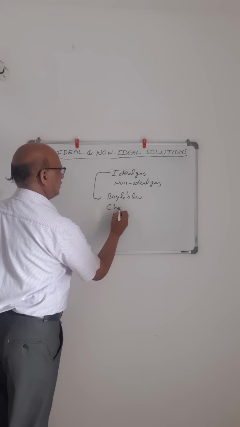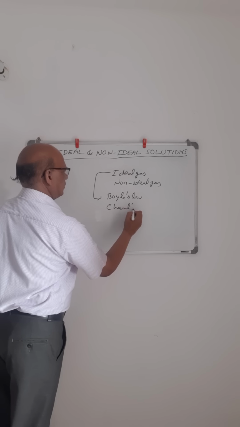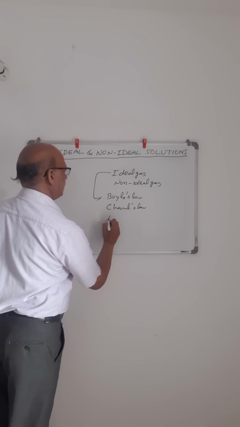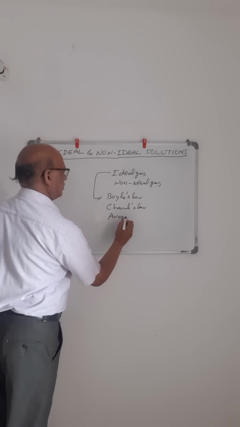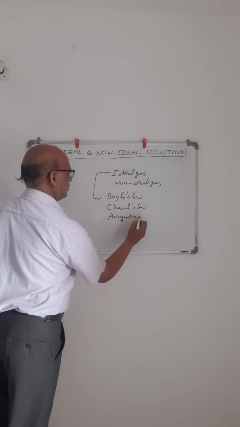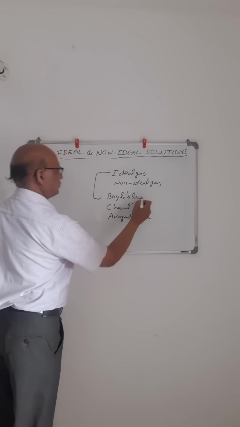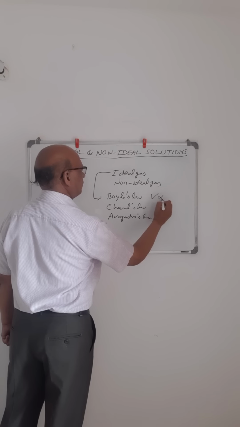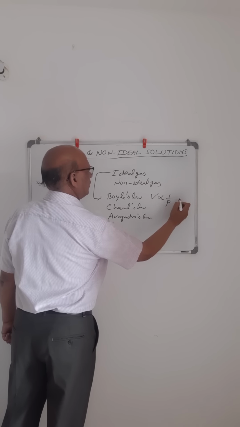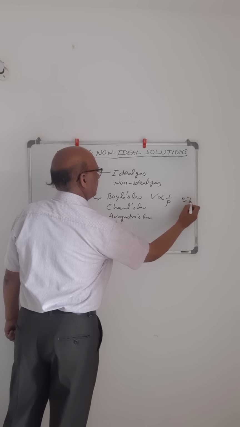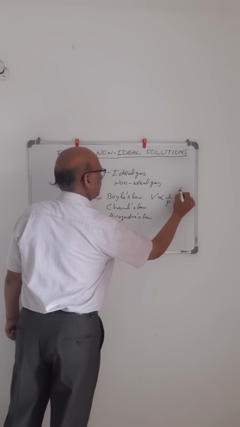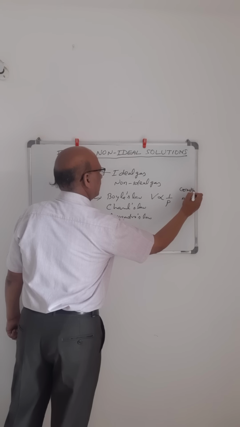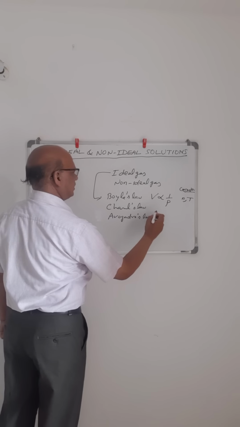then your Charles law and Avogadro's law. What is Boyle's law? That is volume is proportional to 1 upon pressure when N and T are constant. That is number of moles and temperature is constant.